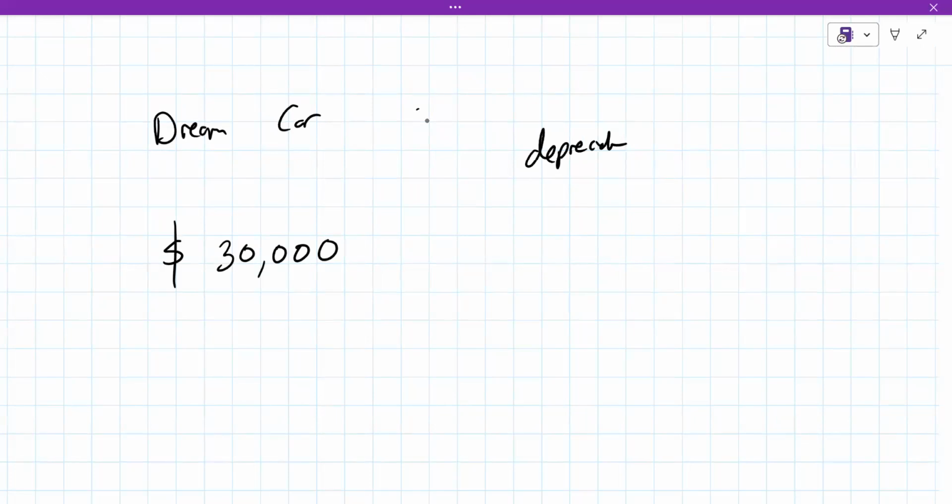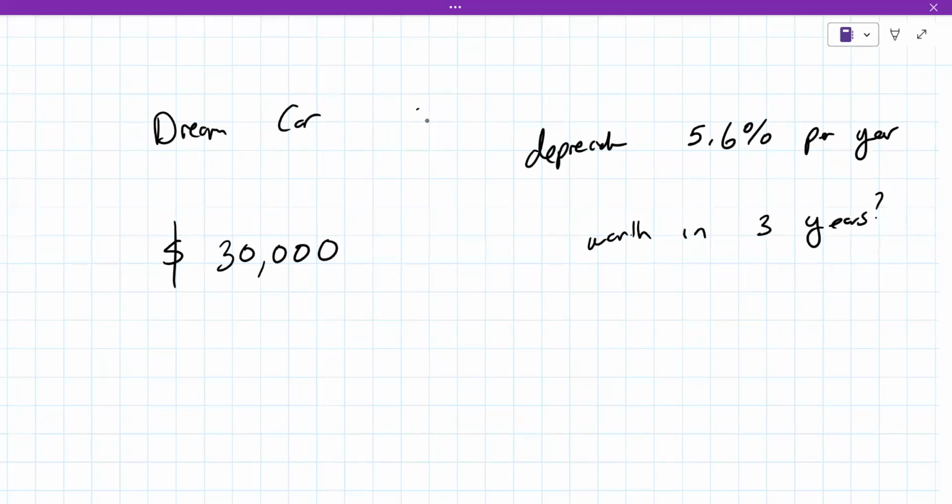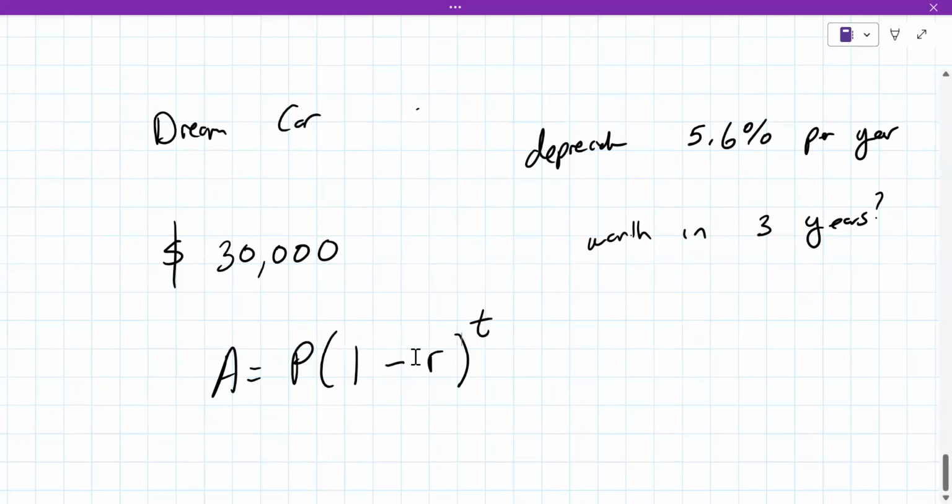Let's say it depreciates by 5.6% per year, and you're curious what it's worth in 3 years. The key difference in this formula is that instead of 1 plus in the parentheses, it's now 1 minus. That's the key difference.